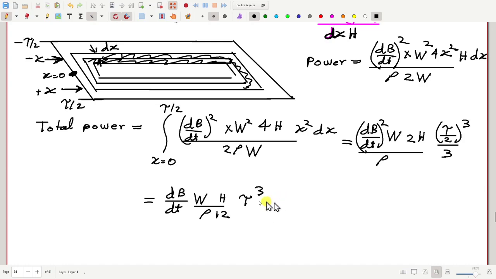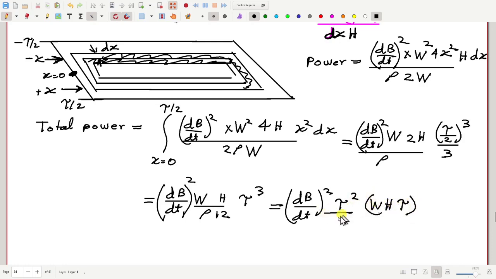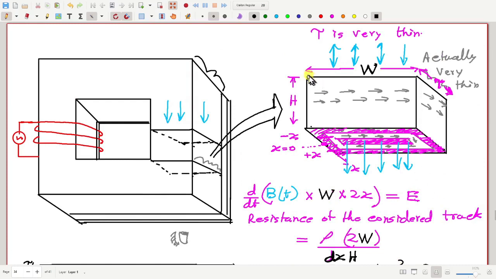Now here I have a square. This is equal to dB/dt whole square, and then consider wh into tau. Let me write it as tau square into wh tau. Now what is the quantity inside this bracket? wh into tau is the volume that we are considering.